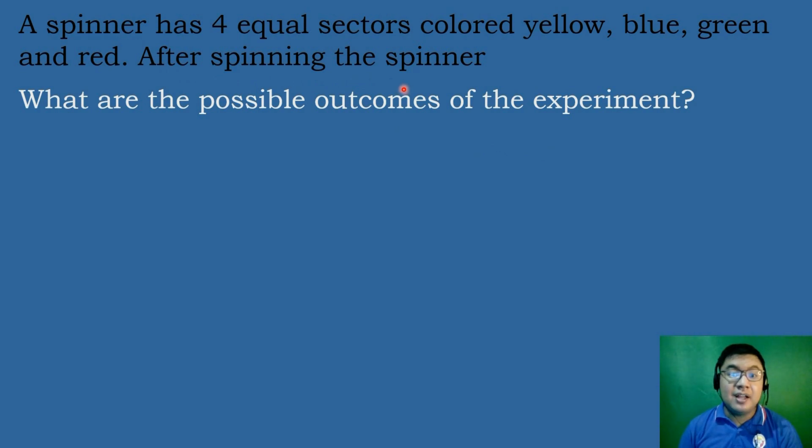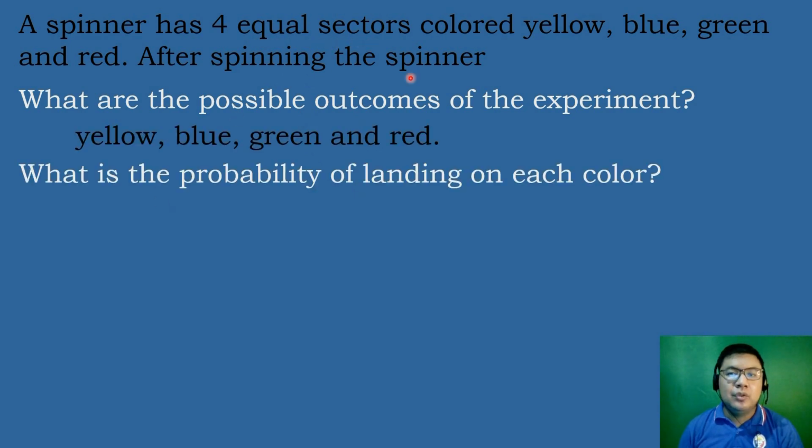And we are looking first for the possible outcomes. Once we have spun the spinner, what are the possible outcomes? The outcomes will be the four equal sectors, which are the colors yellow, blue, green, and red. So those are the possible outcomes of the experiment.